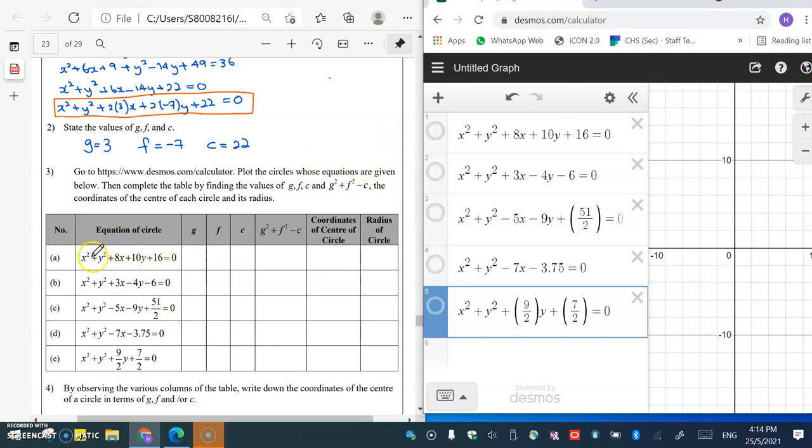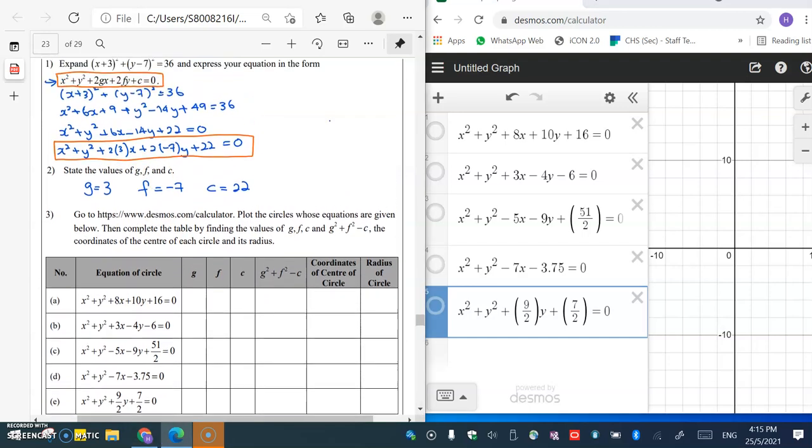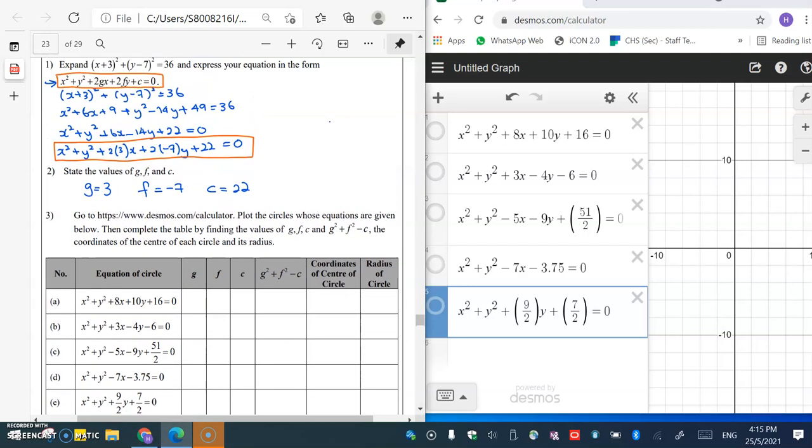Let us look at our notes here. We have an equation of circle x² + y² + 8x + 10y + 16. Based on the format above, we can split the coefficient of x into 2 times something, and the something is your g, and the coefficient of y into 2 times something, where the something is your f, and then you have a constant as your c.